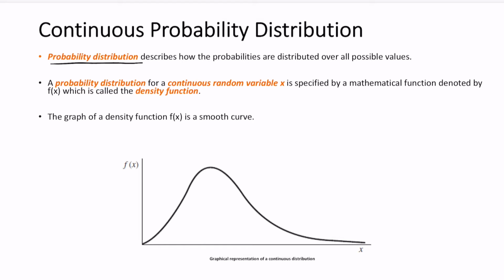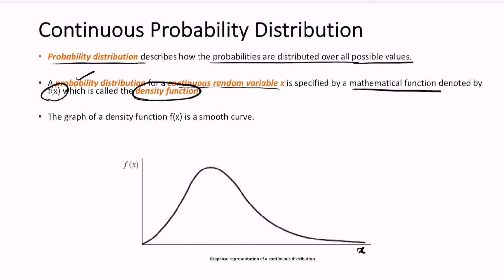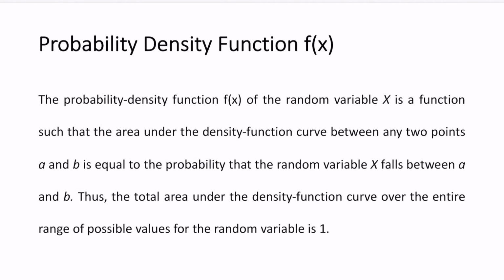A probability distribution basically describes how probabilities are distributed over all possible values of x. A probability distribution for a continuous random variable x is specified by a mathematical function denoted by f(x), and this f(x) is called the density function. The graph of the density function generally has to be a smooth curve for it to be a continuous probability distribution.